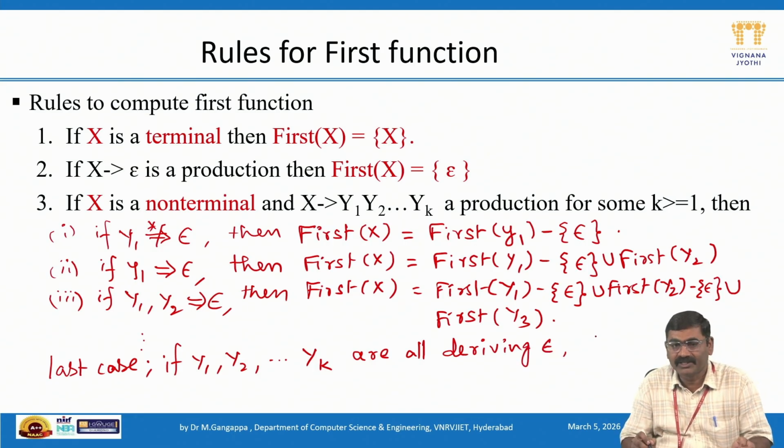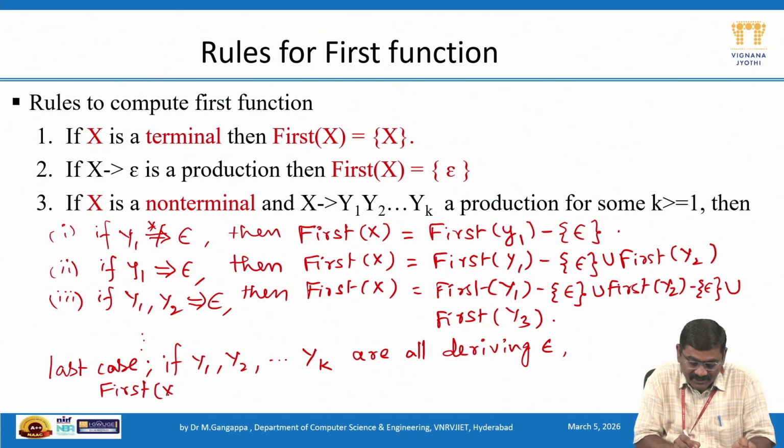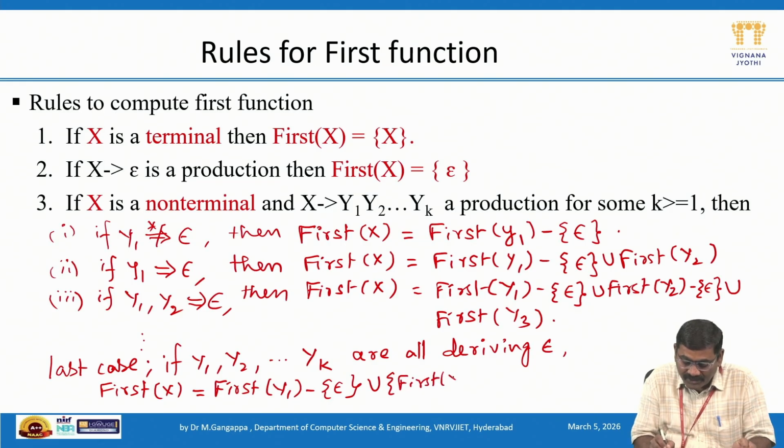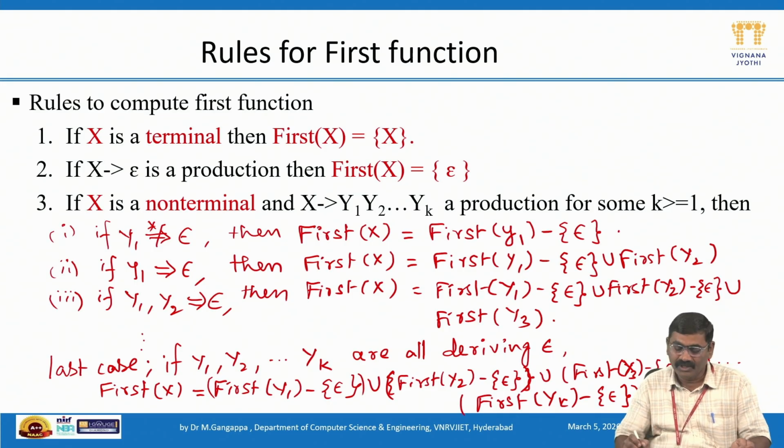In such a case, how can we compute first? First can be computed by using the formula I am writing here. First of X equals first of Y1 minus epsilon union first of Y2 minus epsilon union first of Y3 minus epsilon union and so on first of Yk minus epsilon union epsilon, because here Y1, Y2 and so on up to Yk symbols are deriving epsilon.